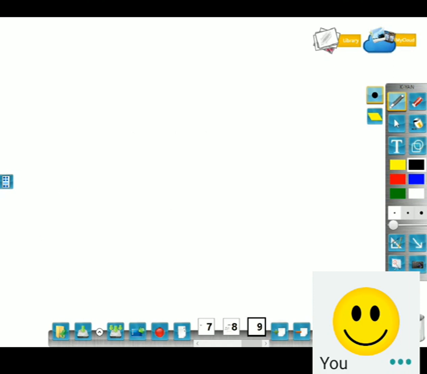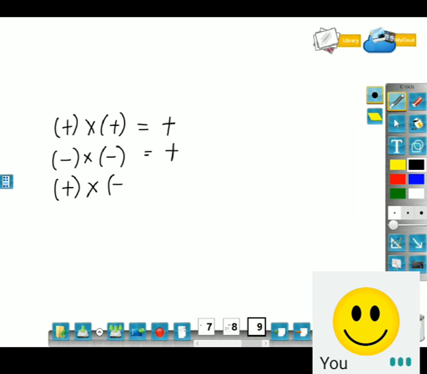So for this, we have a rule: when you multiply two positive numbers, we'll get the answer in positive, and when you multiply two negative integers, we'll get the answer in positive. Same way, one positive and another negative, the answer will come in minus.